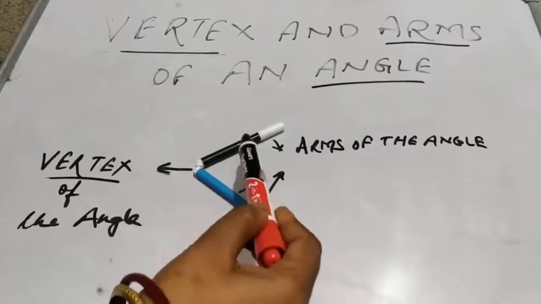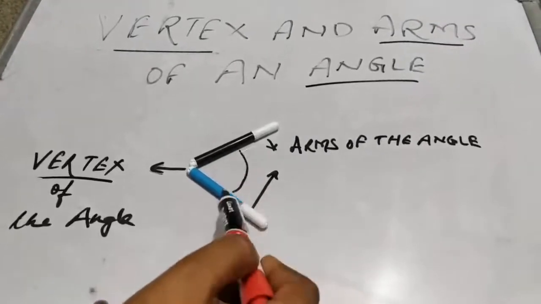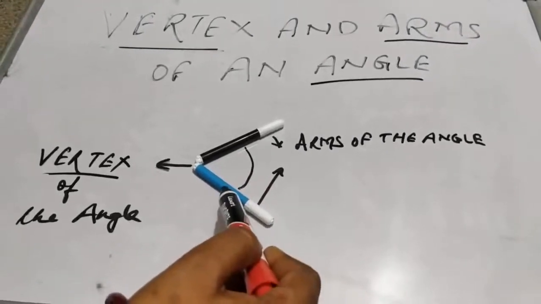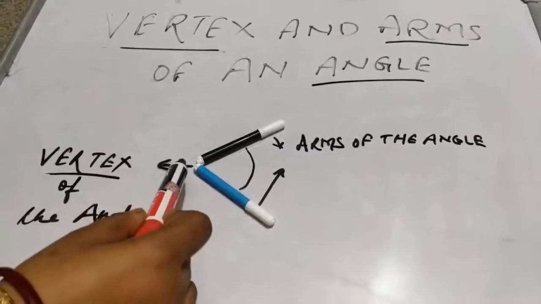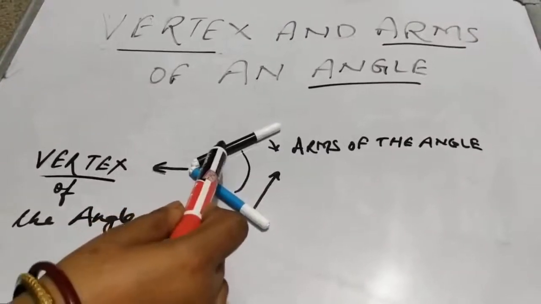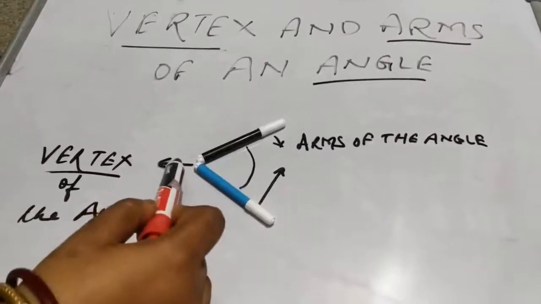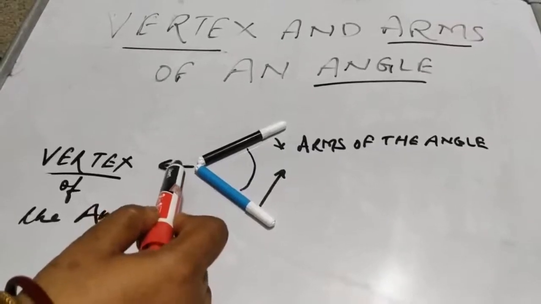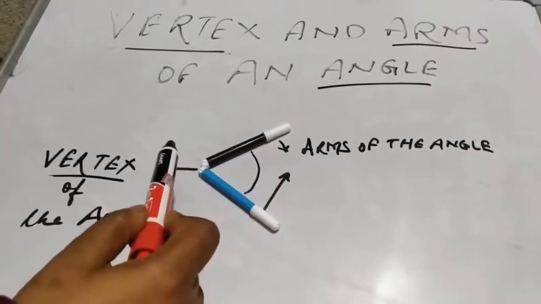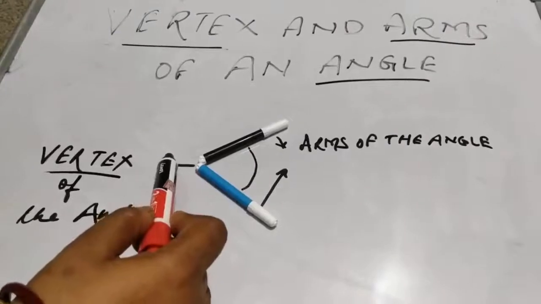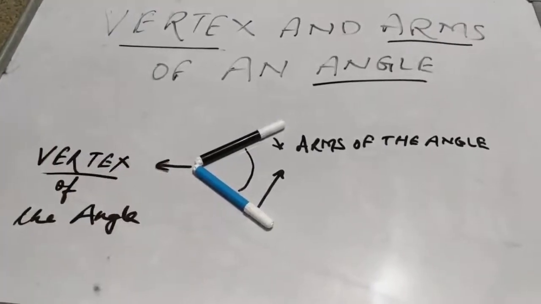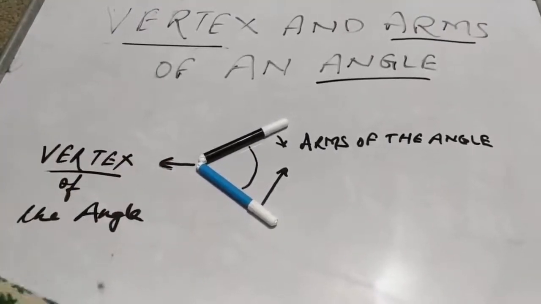This is the first arm and this is the second arm of the angle. And the common end point of these two arms of the angle is called the vertex of the angle. Okay, children? Now, let us come to the next topic.